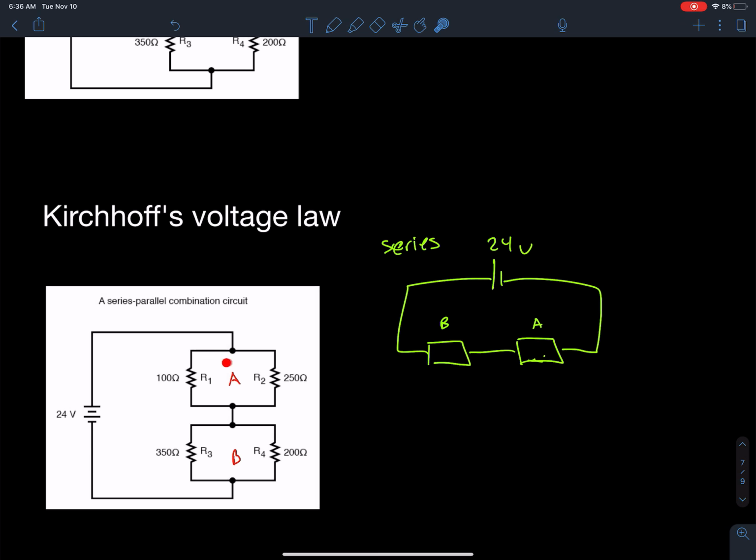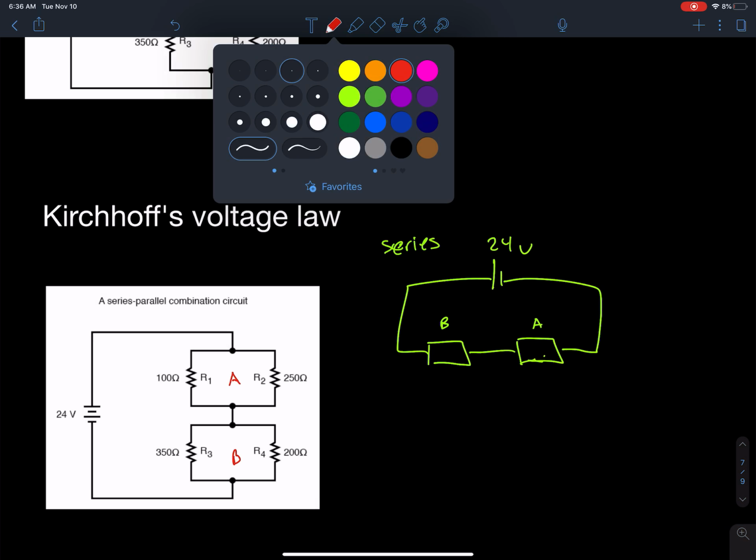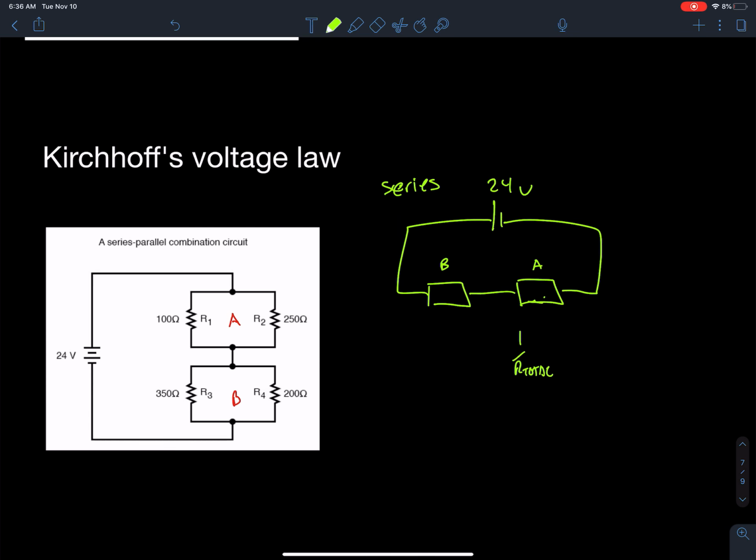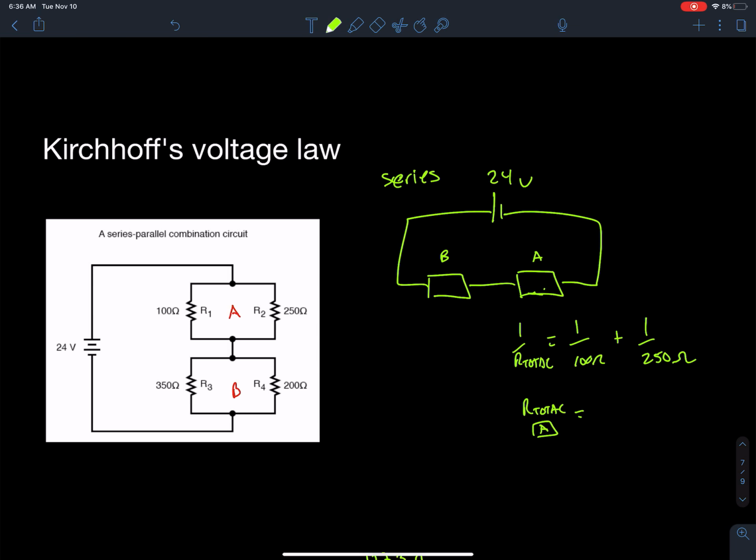So for example, for branch A, I could find the total resistance of that component and treat it as just one resistor by using the formula 1 over R total is equal to 1 over 100 ohms plus 1 over 250 ohms. You can see that here. And then if I do the math, our total for that A component, which I already calculated before, is going to be equal to 71.4 ohms.